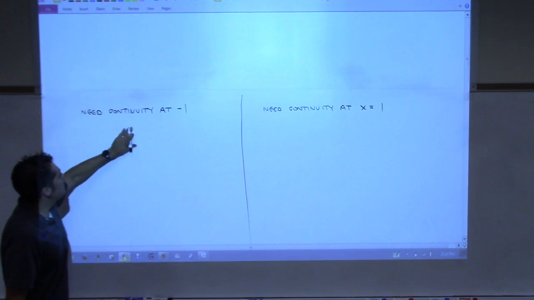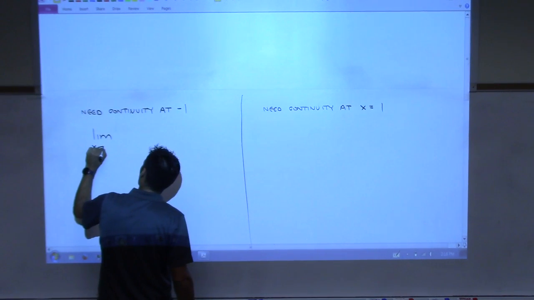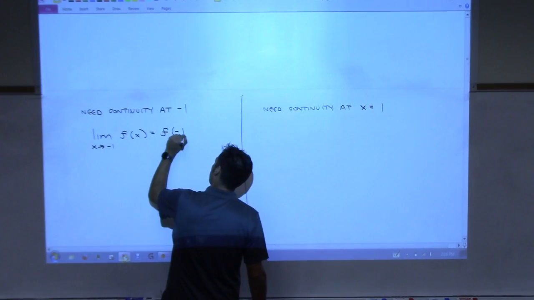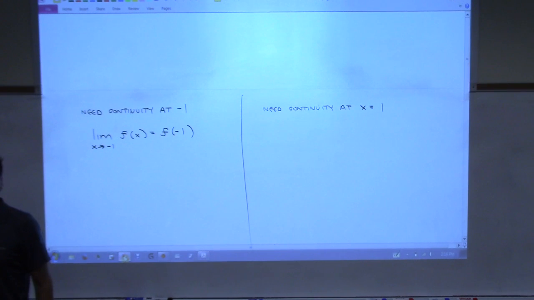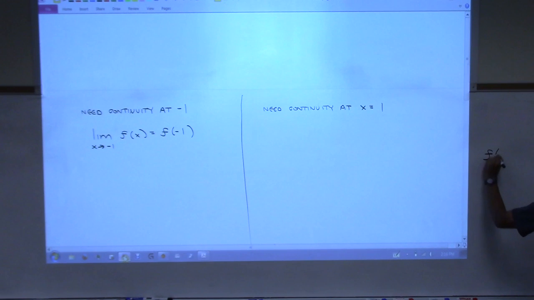So let's write down the definition of continuity at -1. The limit as x approaches -1 of the function must be f of -1, right? Now I've erased the function, but I need it, so I'm going to write it down on the side. f of x equals ax squared minus bx plus 1 if x is less than -1, then 4x plus... minus a plus b.